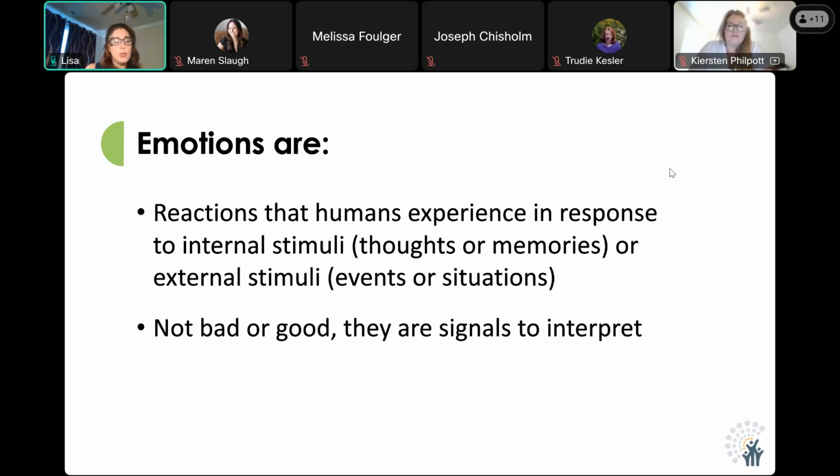When you're talking to kids about emotions, it's important that we don't label them as good or bad, but think about them as signals to interpret. We're having a reaction in our body, mentally and physically, because of something going on, whether internal or external. We have to figure out why we're having that. Okay, next.